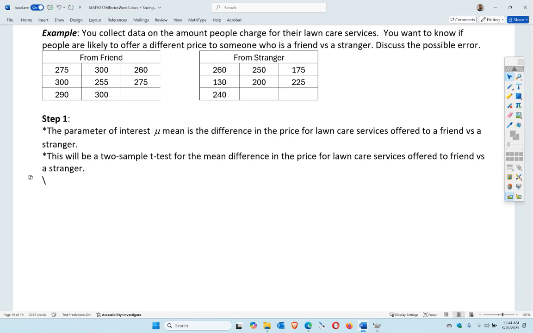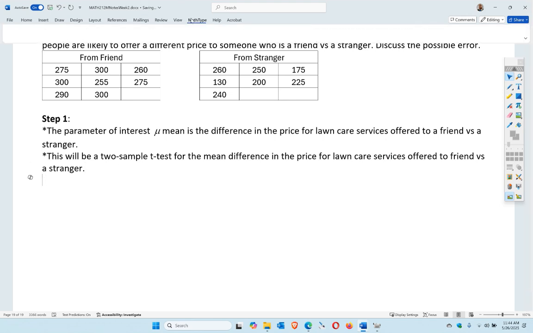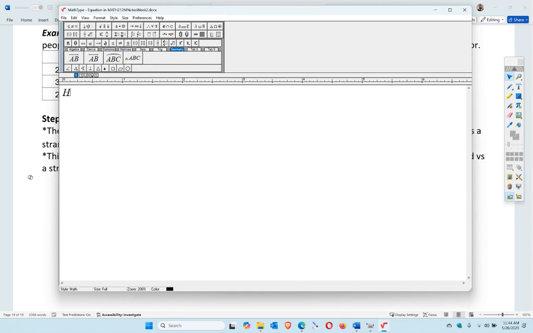Okay, so we'll do our hypotheses. So H sub 0, H sub A, right? So you always assume equal. So mean sub friend equals, I don't know if this is the right way or not, but we'll go with it.